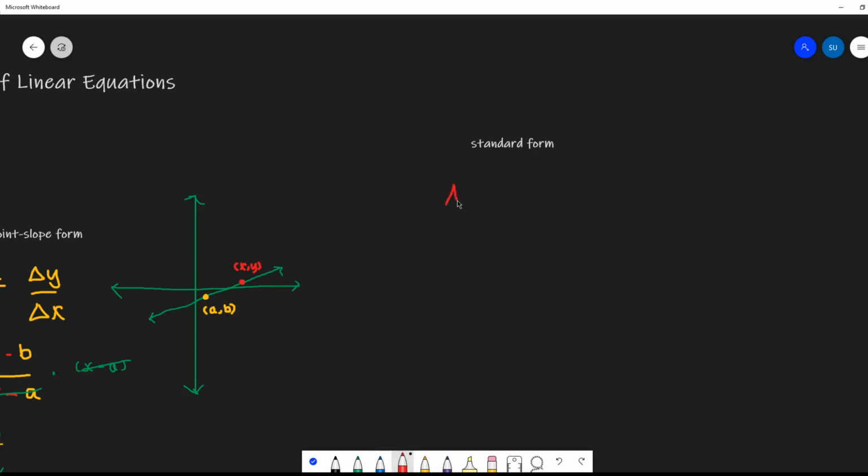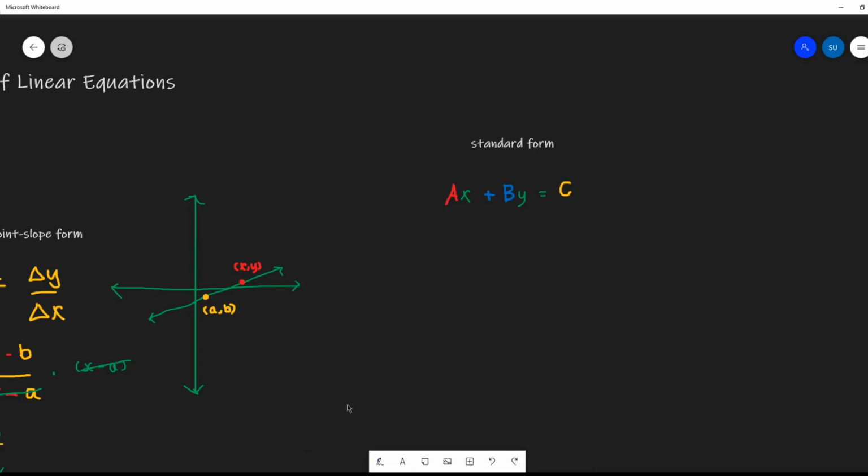So we're going to put A, and in green we will put our coordinates x plus by, or actually I'll do this in blue. Y equals, and C will do in yellow.